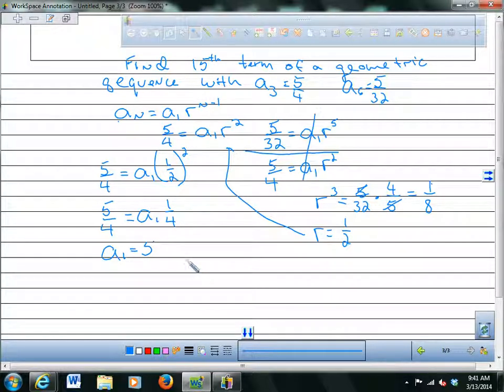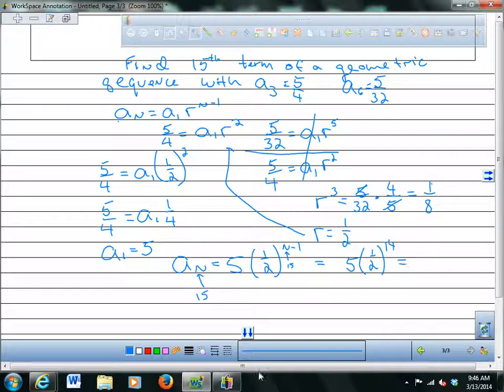So now your equation, so this is kind of a long problem: a sub n is equal to 5 times 1/2 raised to the n minus 1 power. And if I want the 15th term in there, I plug in 15, and I would get 5 times 1/2 raised to the 14th power.